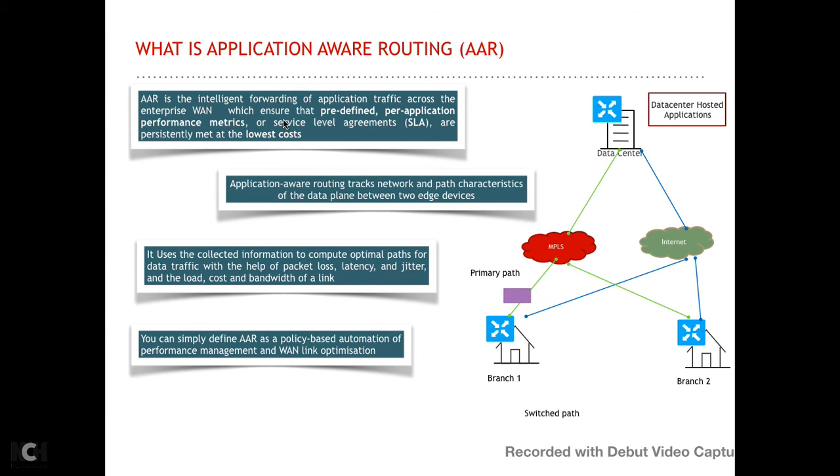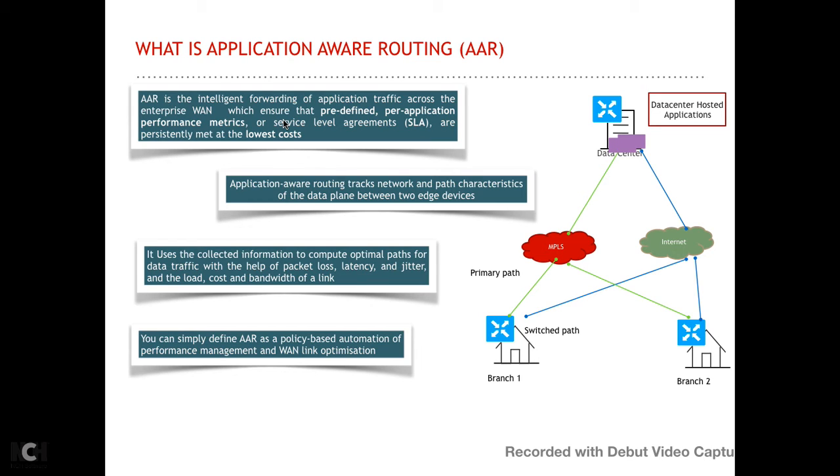You can see with some animation that the primary path is this. If the primary path goes down or breaches an SLA, then you automatically switch over to the secondary path without any intervention from a user, network administrator or any alarm. So it is seamless. Overall, this slide speaks about what application-aware routing is.